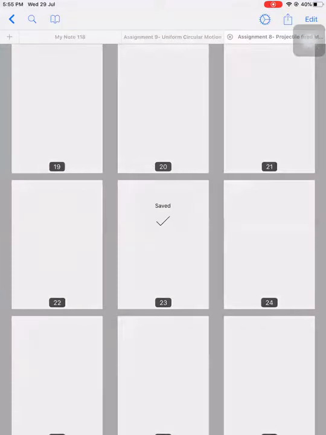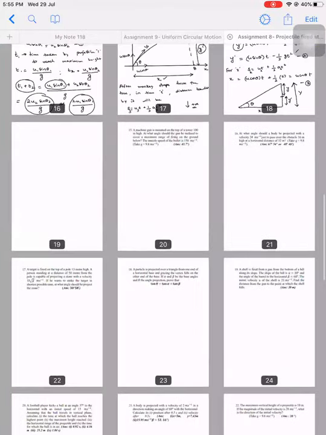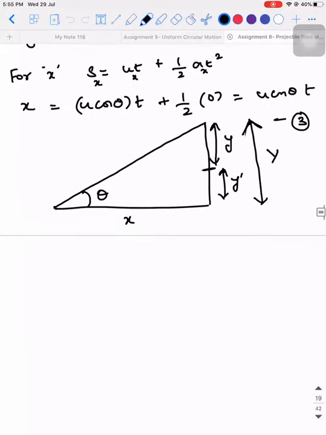Let me know if you're able to understand, or else I will explain it. So what is capital Y divided by x?